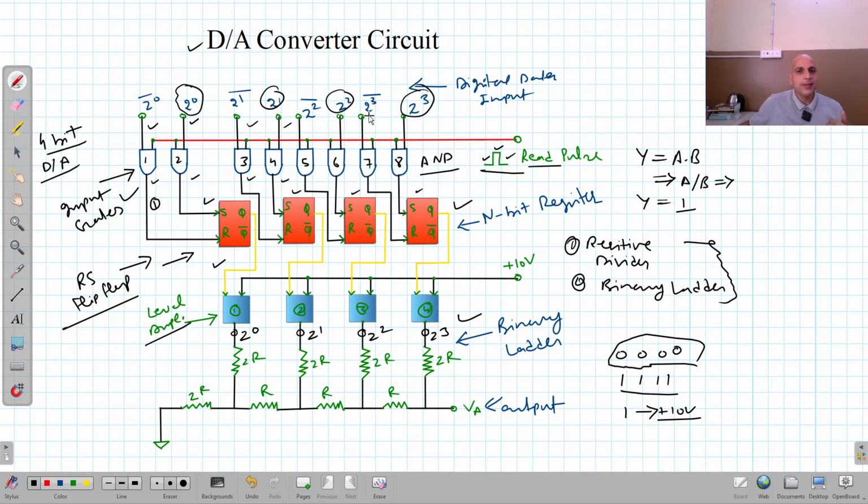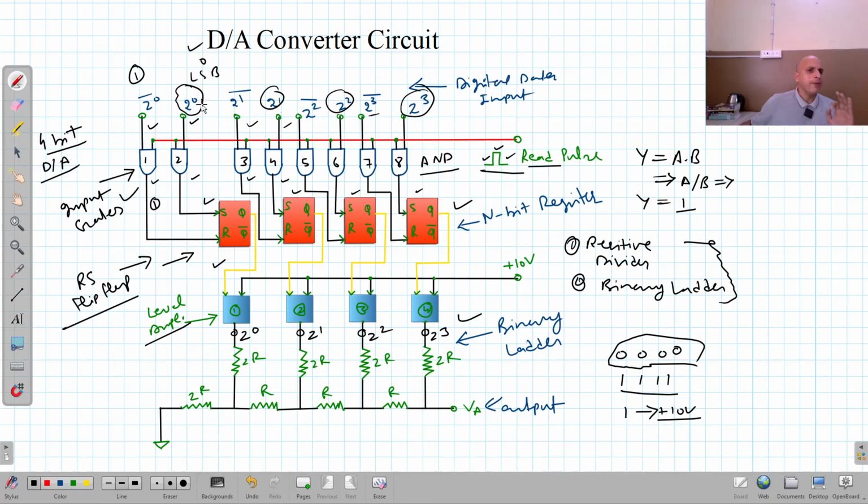But they are taking the complement of them, right? 2 to the power 0 bit means this is the LSB. If the LSB is, suppose, 0, then it will be 1. So this is used for applying input to the flip-flop, right? Otherwise, don't bother that we require 8 digital inputs.